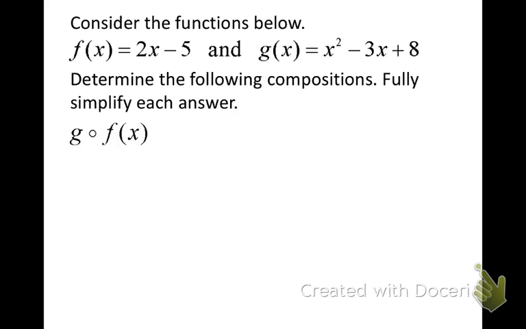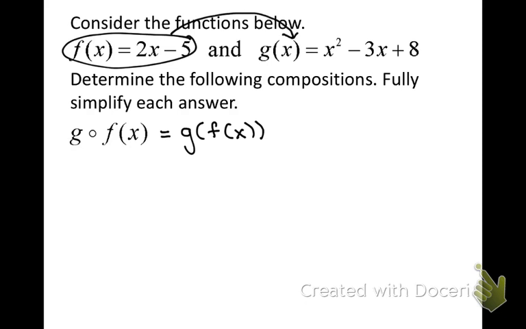Okay. Now, when we look at g of f of x, my inside function is f of x now. So I am taking f of x and I am plugging it into my g of x. So everywhere I see that x, I am plugging in that 2x minus 5.